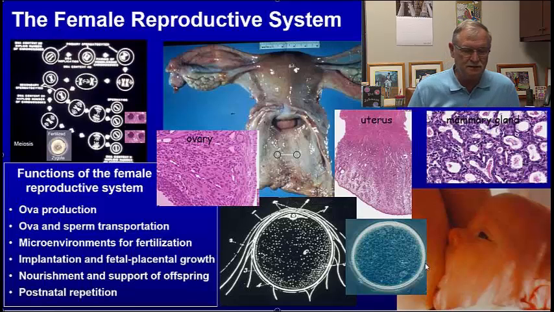Here we can see a drawing of the female system, and we can see the ovaries, fallopian tube, uterus, and the vagina of the female reproductive tract.